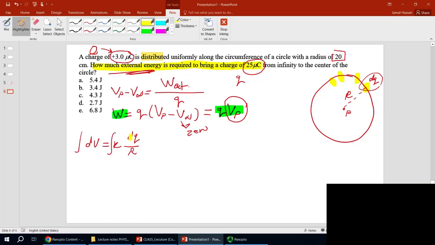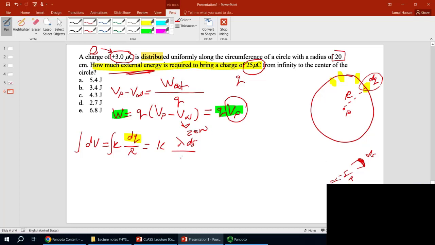Now dq here, I could write in terms of lambda. So this is equal to K lambda ds divided by r, because this is like an arc, so ds is an arc on the circle. We have done similar questions before. So this is ds, this is r, this is d theta. ds is equal to r d theta.